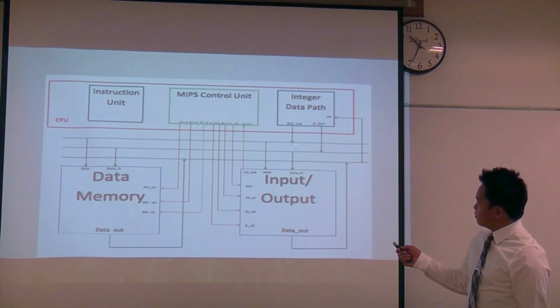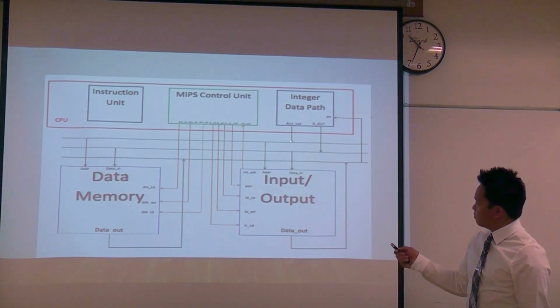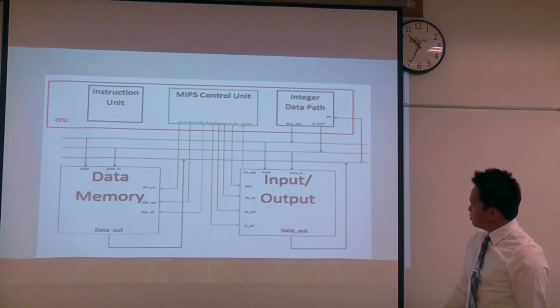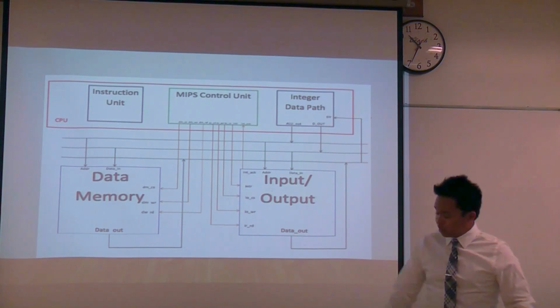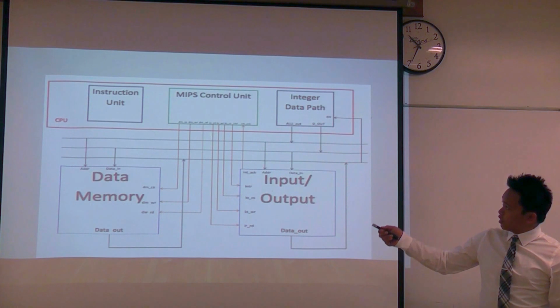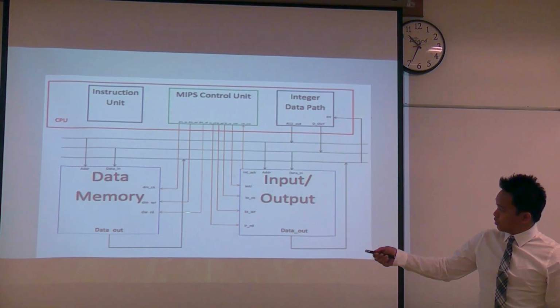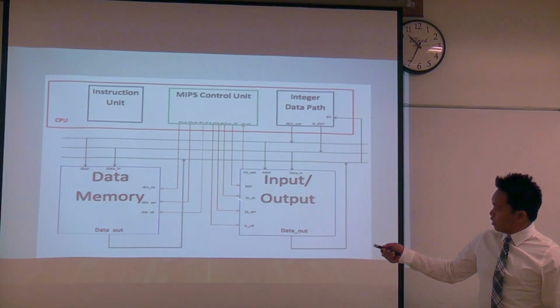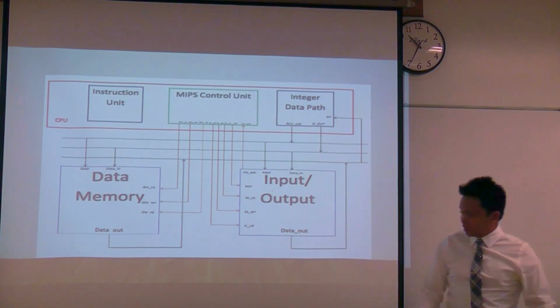We have 3 buses for the address and 1 for the data out from the integer data path, and then 1 bus for the data memory and the input output. We also have the control signals coming from the MIPS control unit to assert the chip select, the write or read for both memory instances.